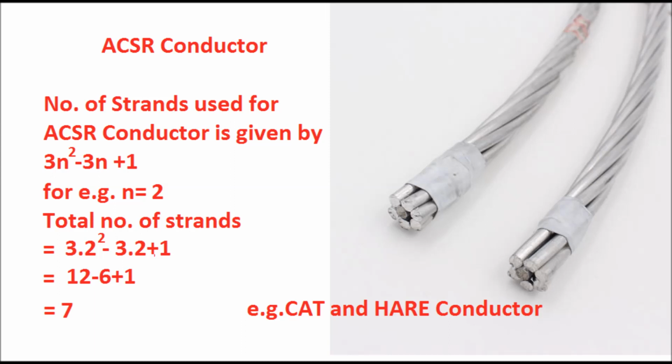The total number of strands can be calculated by the formula 3n squared minus 3n plus 1, where n is equal to 2. We get 3 into 2 squared minus 3 into 2 plus 1, which is equal to 7. So the total number of strands used for this kind of ACSR conductor is 7. Examples of this kind of conductor are the cat and hare conductors.